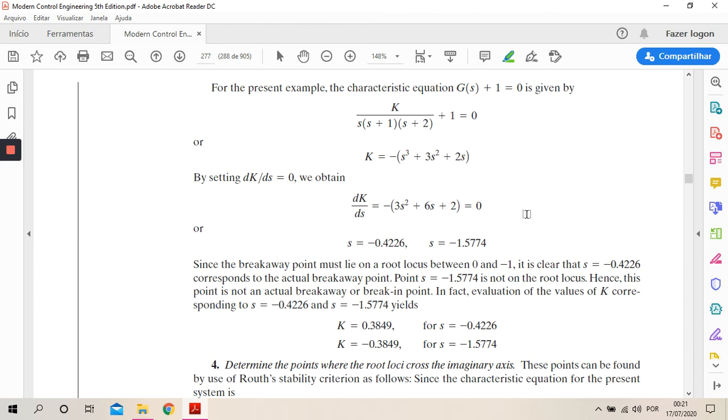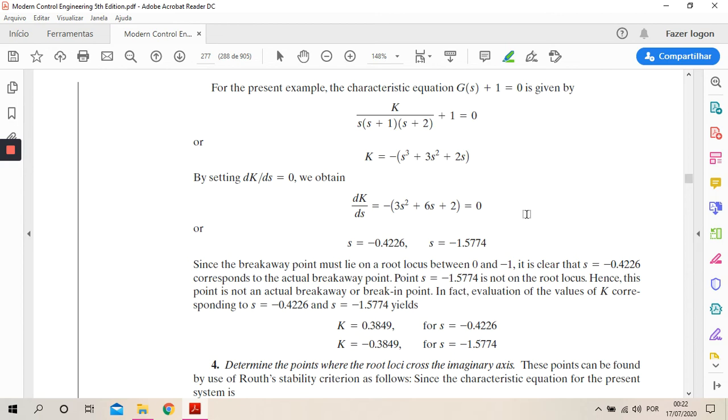By setting the derivative with respect to s equal to 0, we obtain that s is equal to negative 0.4226 and s equal to negative 1.5774.